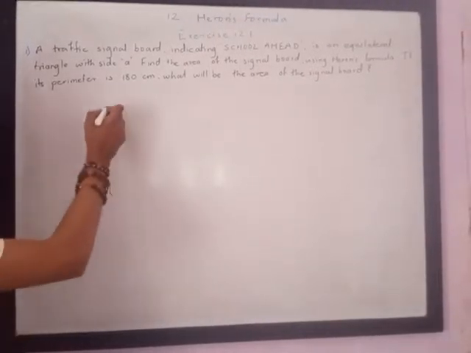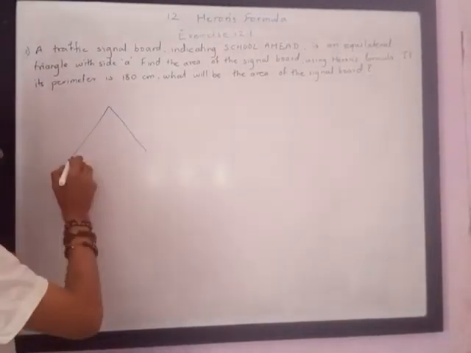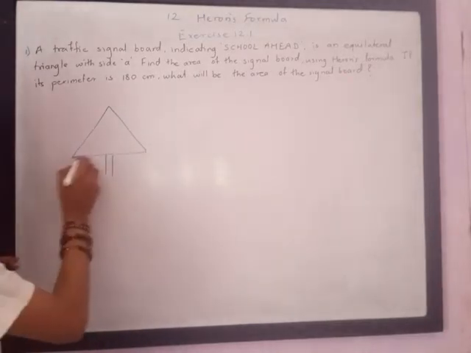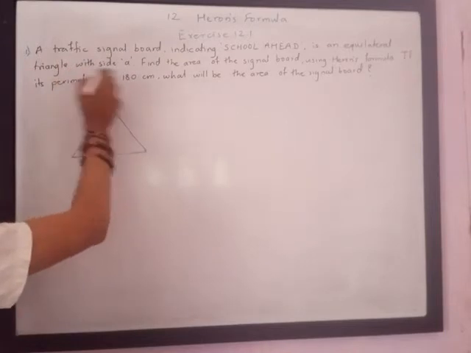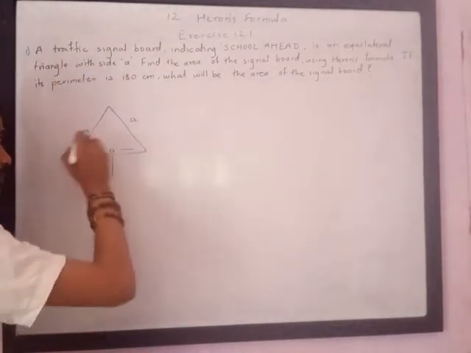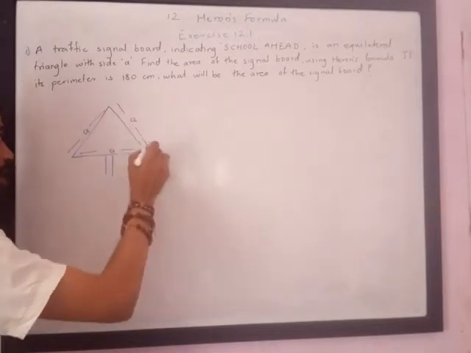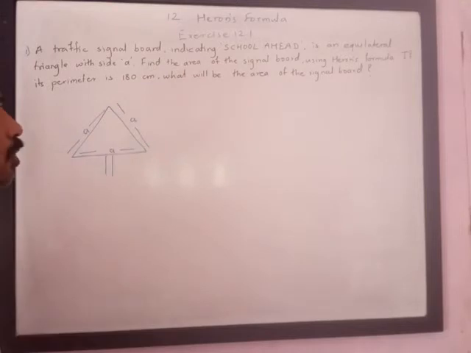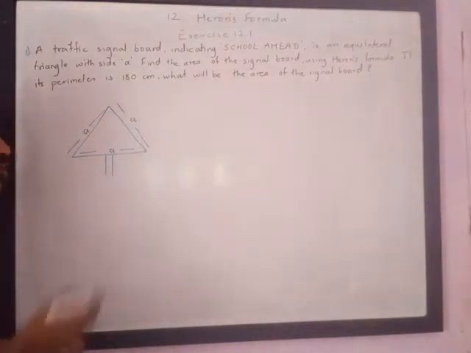So we are given that the signal board is of equilateral triangle shape, and each side is A. This is an equilateral triangle. All sides are equal. We are asked to find the area of the signal board using Heron's formula. So let us find.